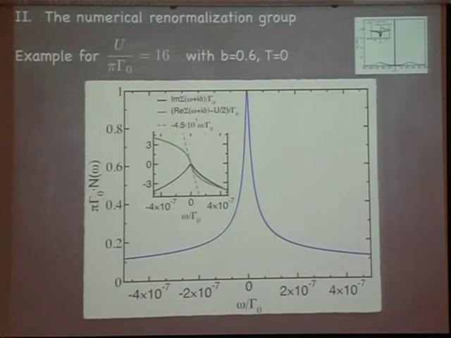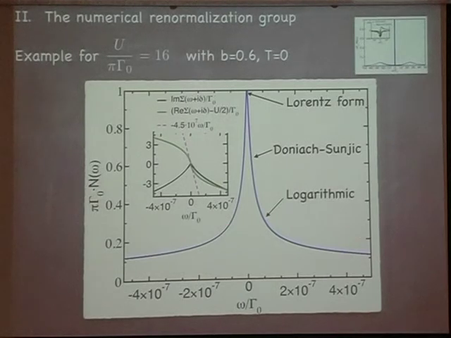Well, can one say a little bit about the structure here? Yes, one can. You have a Lorentz form precisely at the spot here. Further down, it's called Doniach-Sunjic. This is an algebraic decay. And if you go further out, you will find logarithmic tails, which you would expect because you have these logarithmic divergences. And for the self-energy in the middle, you have the parabolic part, which deviates at some point.